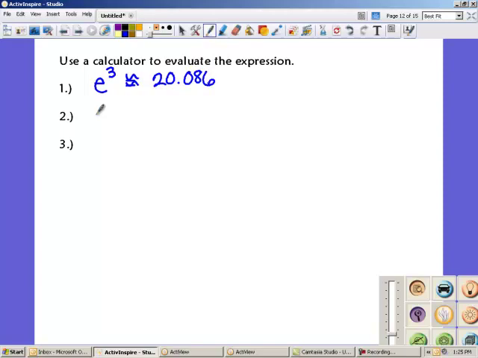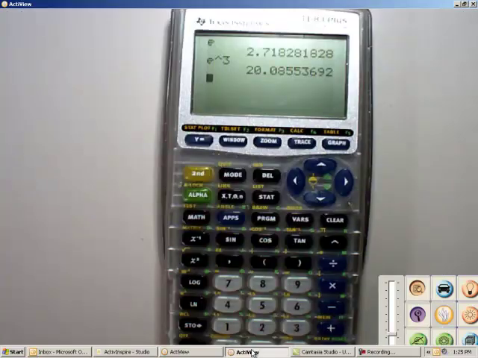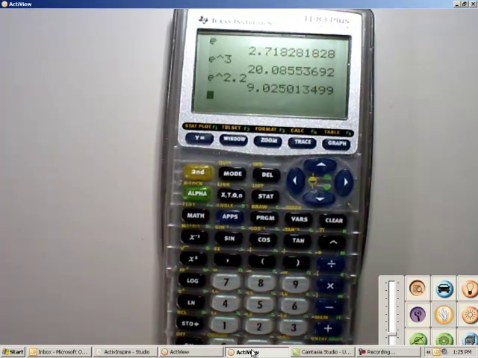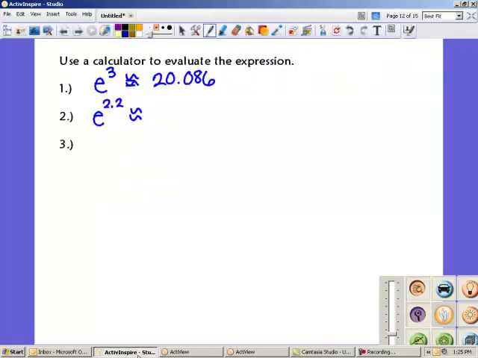All right, number 2. Okay, we're going to put this in our calculator. So we have the e raised to 2.2. And there it is. So about 9.025.